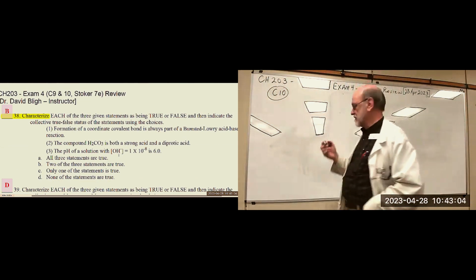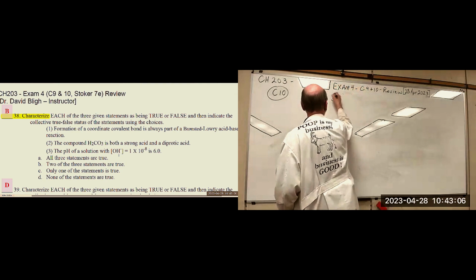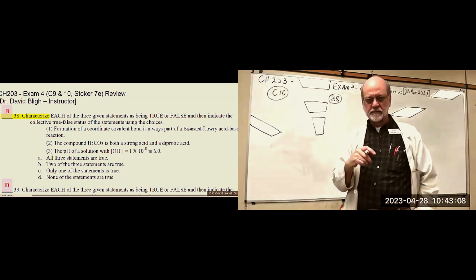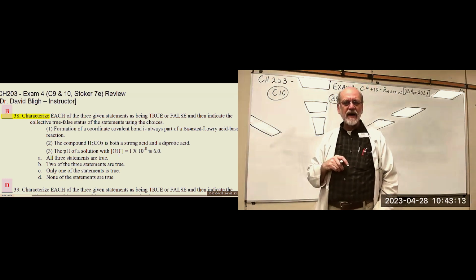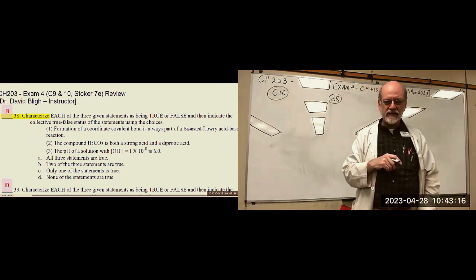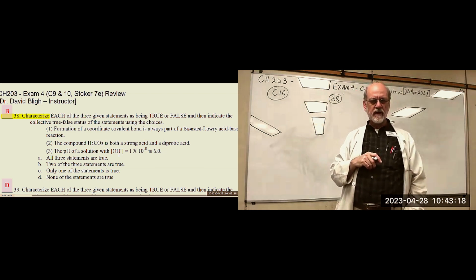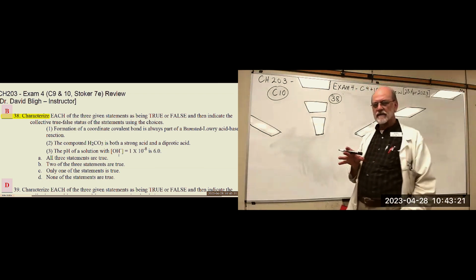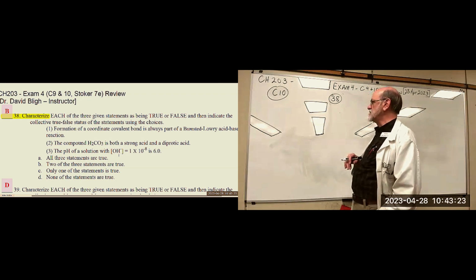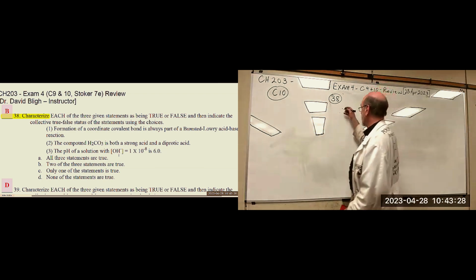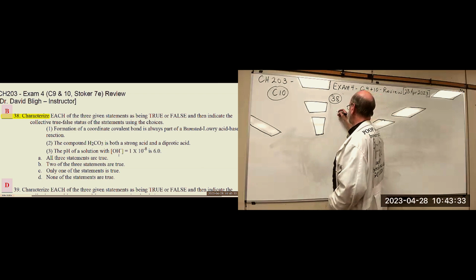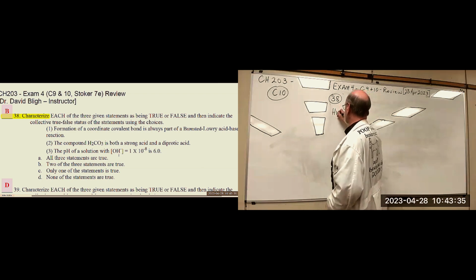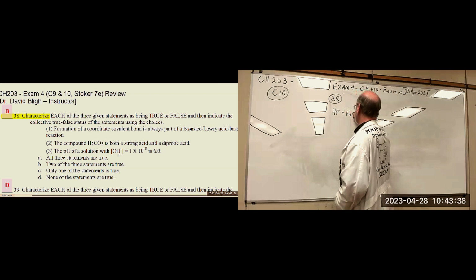How about 38? Formation of a coordinate covalent bond is always part of a Bronsted-Lowry acid-base reaction. Coordinate covalent bond. Okay, say you have HF, put it in water.